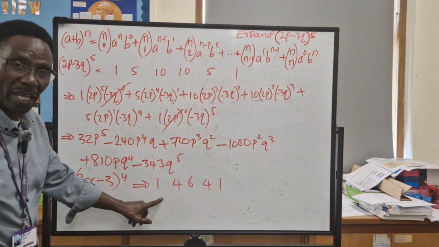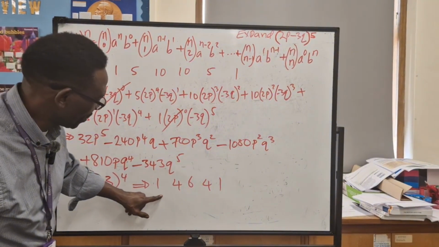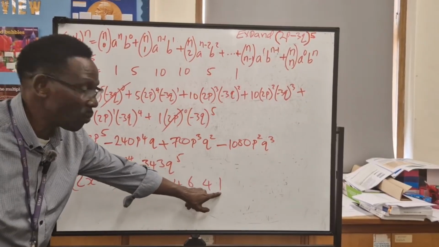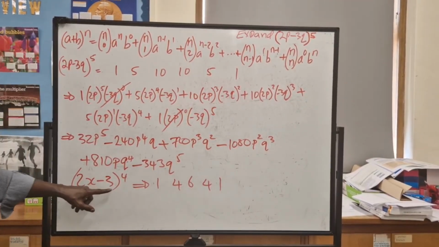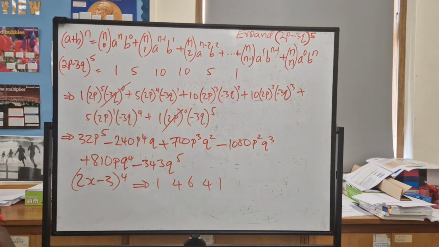I want you to use these binomial coefficients, 1, 4, 6, 4, 1. When a binomial is raised to the power 4, those will be the coefficients. Do it and then put it in the comment section.